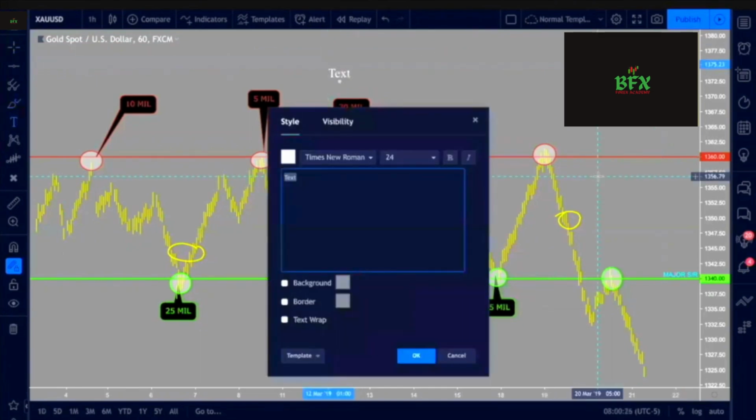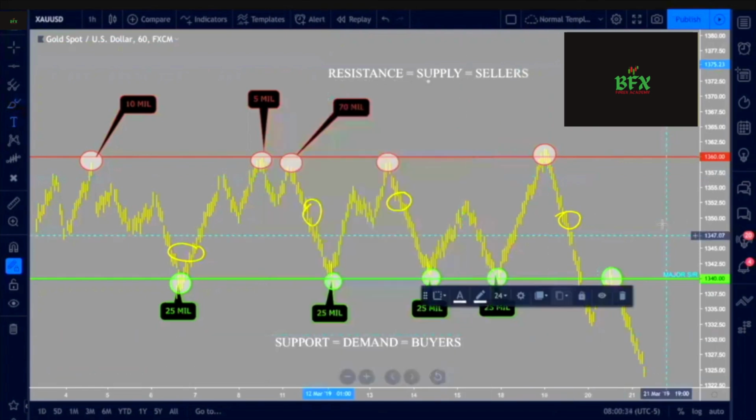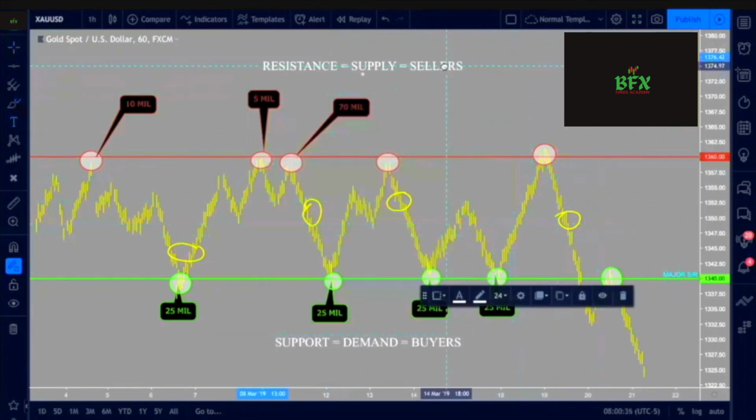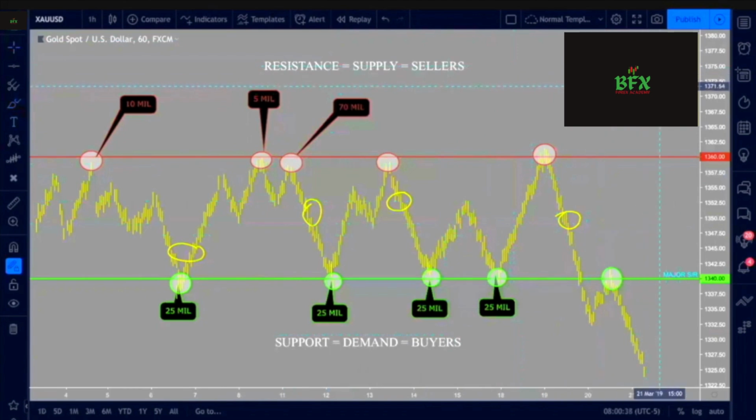So up here we've got resistance equals supply, which equals sellers. This is important for you to remember, take note of. Resistance, supply, sellers. Support, demand, buyers. So supply, those are your sellers. Demand, those are your buyers. So price moves between support and resistance.